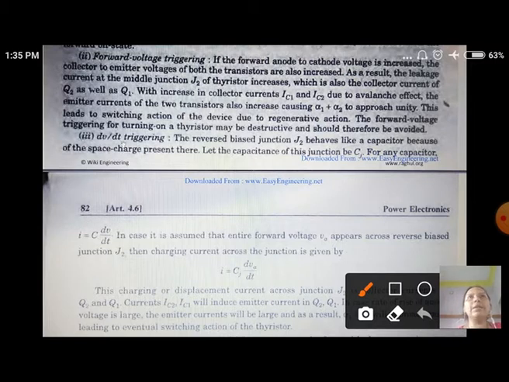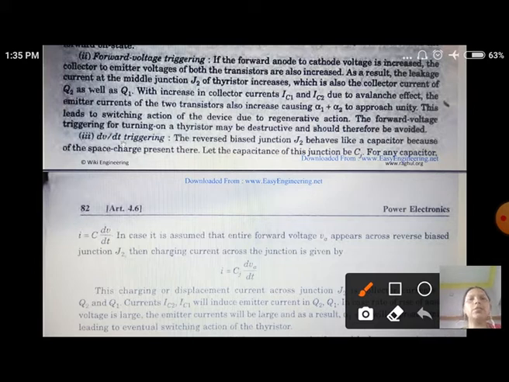The emitter current gradually increases, and then current gains alpha 1 and alpha 2 approach unity. Once alpha 1 plus alpha 2 approaches unity, the anode current tends to infinity. That means the anode current increases and the thyristor turns on.